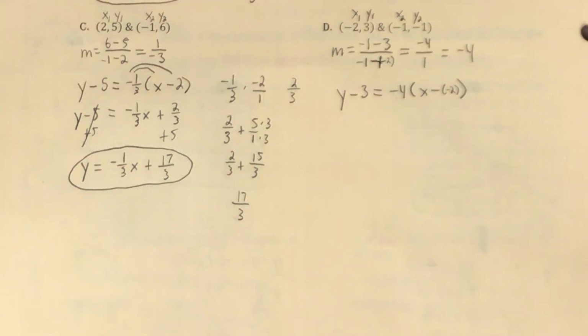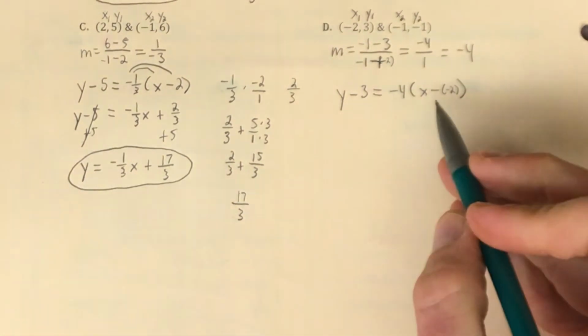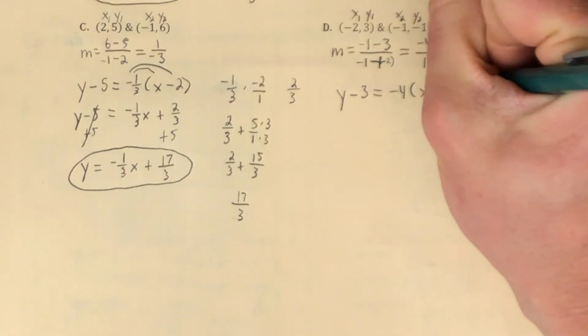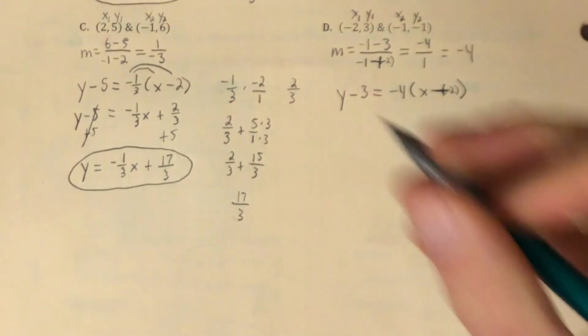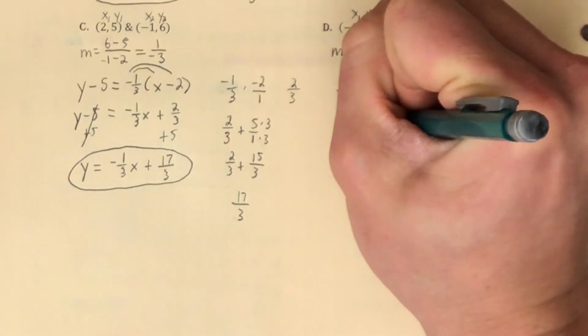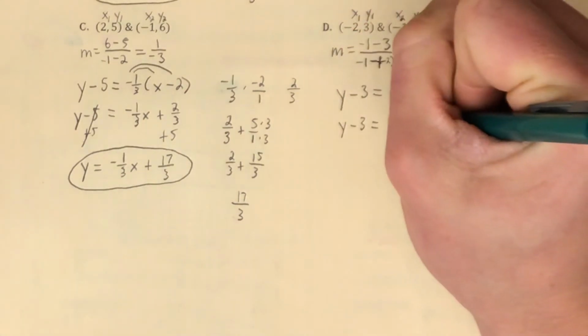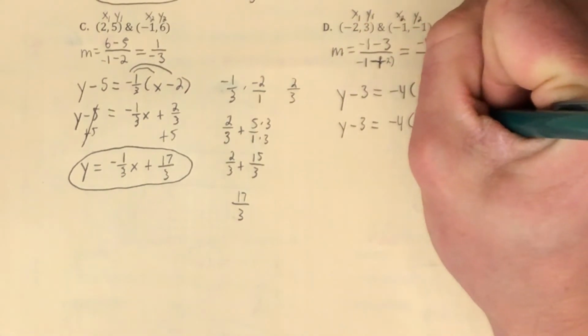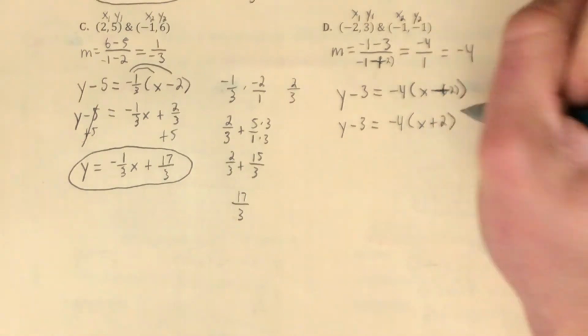Well, again, want to check for double negatives. Not one there, but there is one there, so that needs to become a positive. And I'm going to rewrite, and so this is y minus 3 equals -4 times x plus 2.